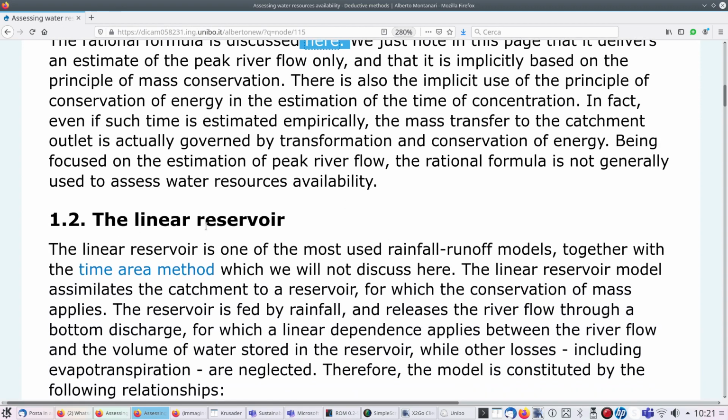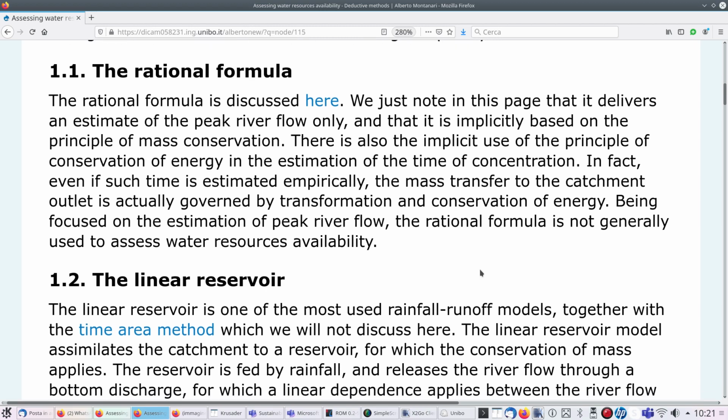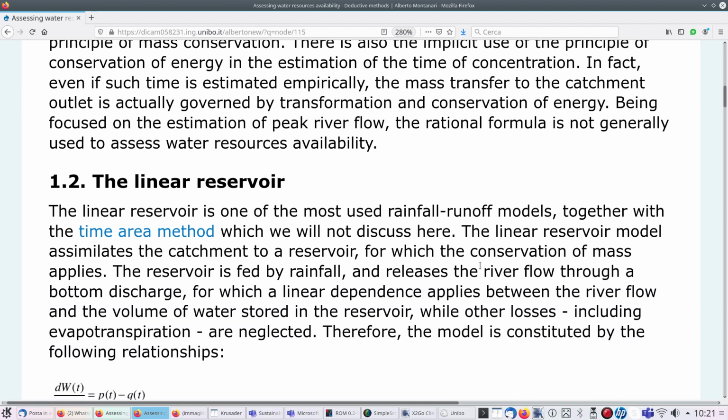And then let's turn into another example of a rainfall runoff model. This is more elaborated. It was proposed, I think, around the beginning of the 20th century. I'm not sure about the date, but it is for sure an old model. It is called the linear reservoir.